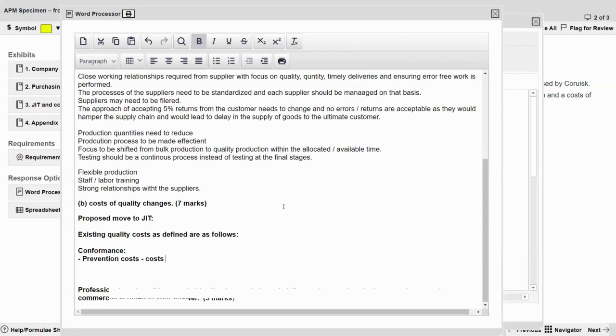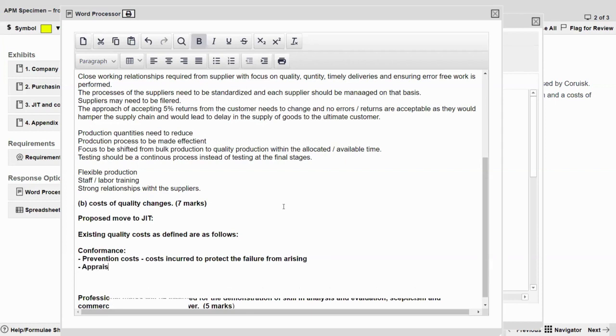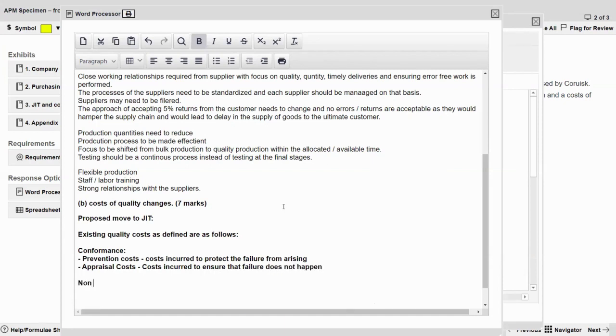That is the cost incurred to protect the failure from arising. Appraisal costs are basically the costs incurred to ensure that failure does not happen. Then the quality of non-conformance.